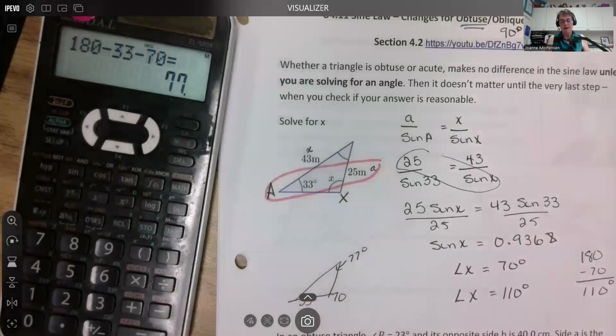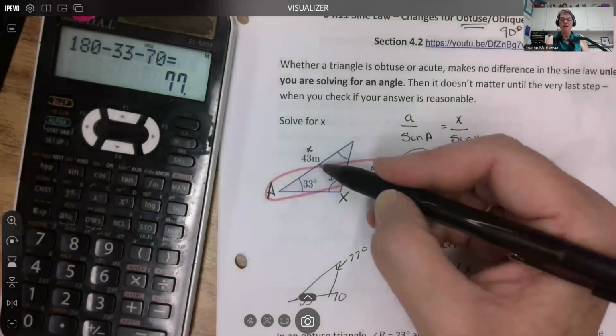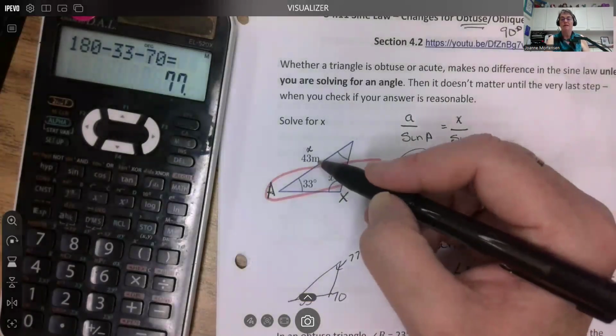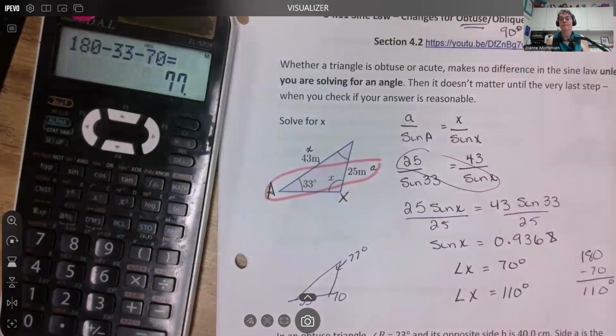And that can't be because this line here is the biggest one. So just be careful when your diagram looks like it's over 90. Do the quick check. You'll probably be fine.